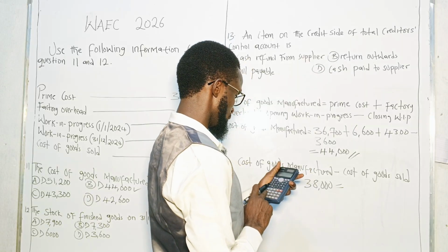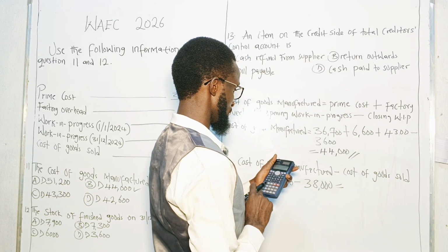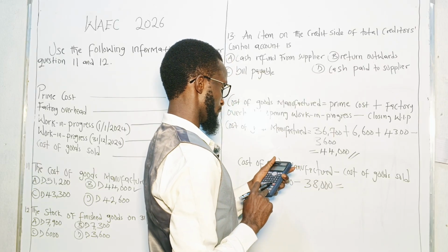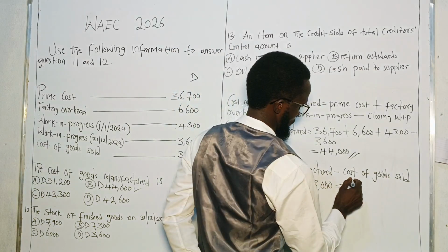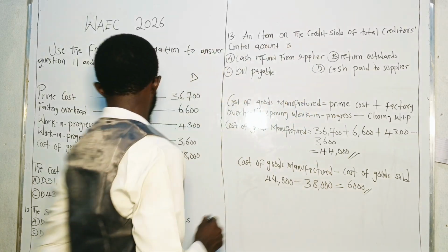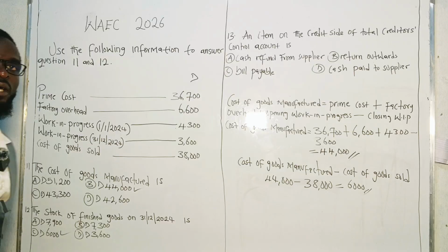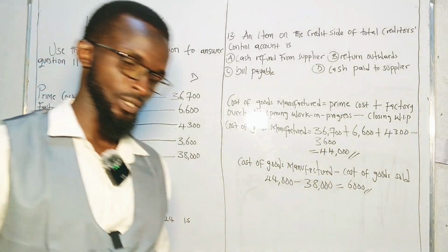So our answer should be 44,000 minus 38,000. Our answer should be 6,000. So let's find the option that fits our answer. The answer is C, according to the solution.